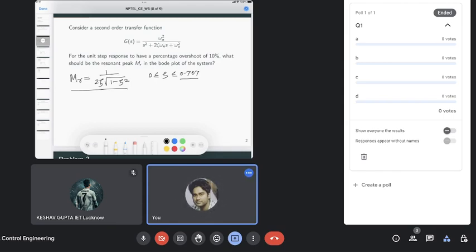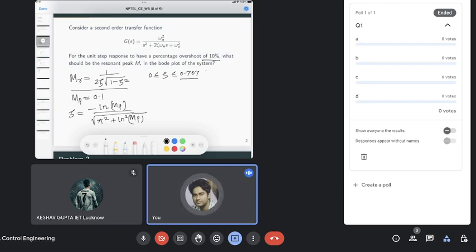You are given the percentage overshoot MP of 10%, which means 0.1, and you know the damping factor is simply zeta equals negative ln MP divided by the square root of pi square plus ln square MP. This is from the time domain response.